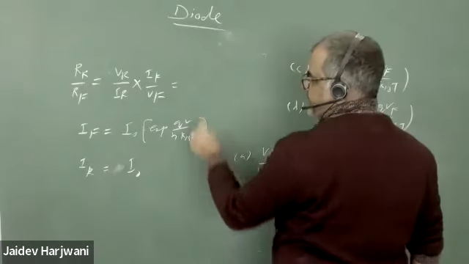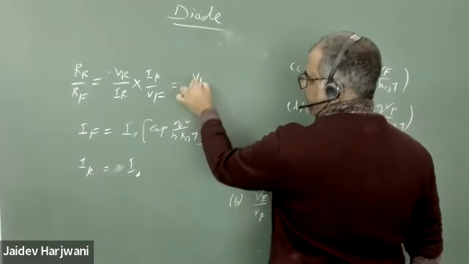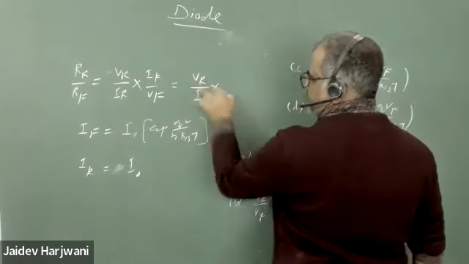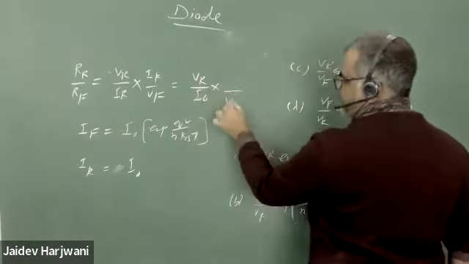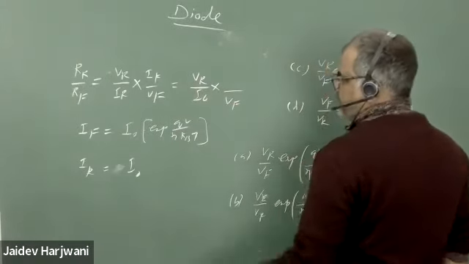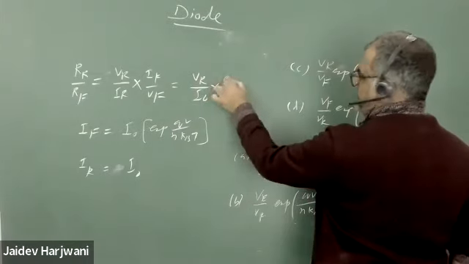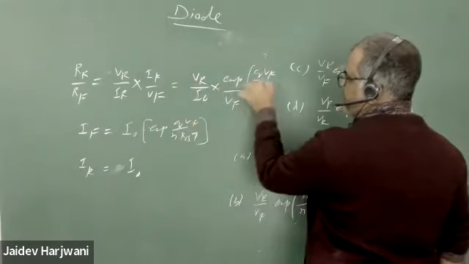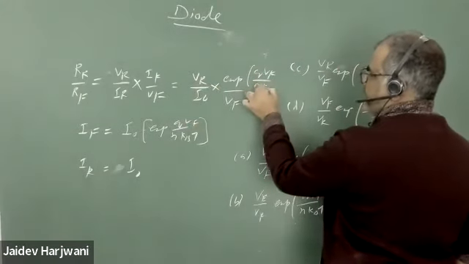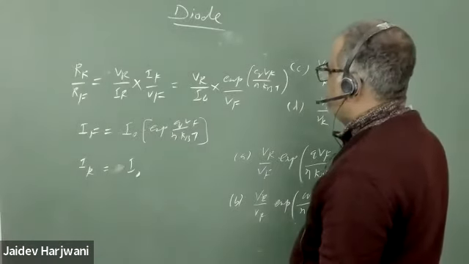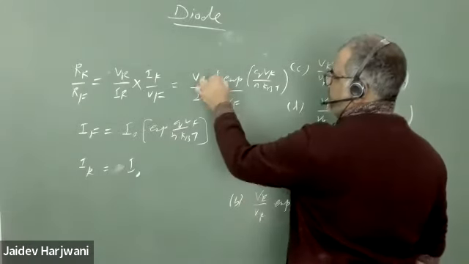So you get VR upon IR is I naught, you have VF, and this IF is exponential of qVF upon eta kBT, and I naught will be cancelled.